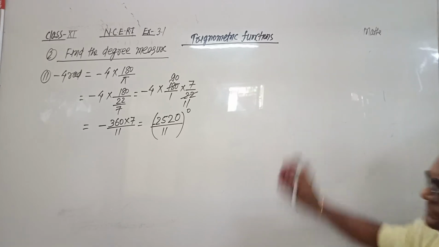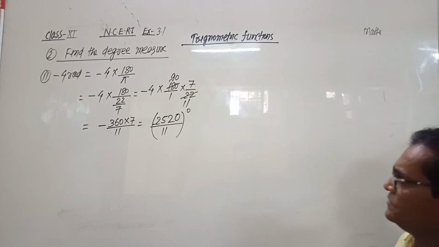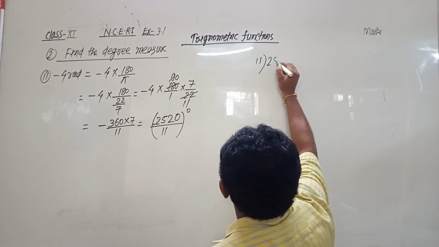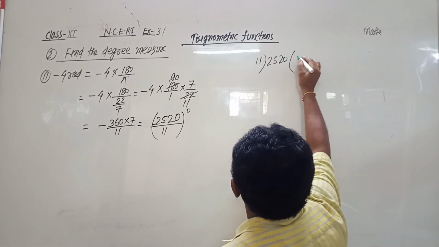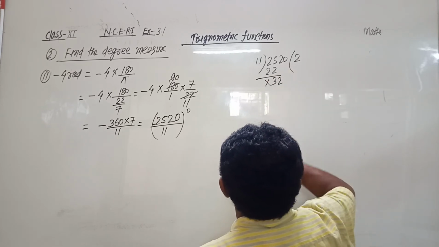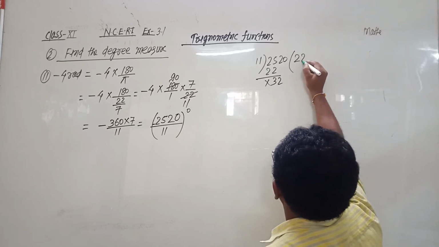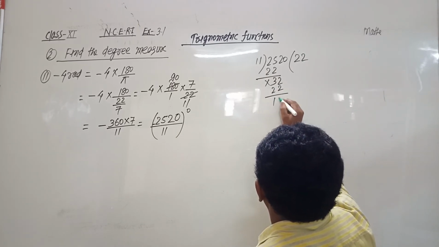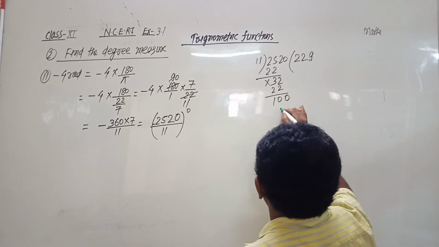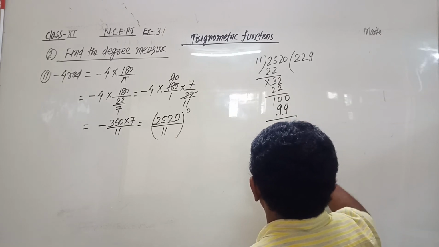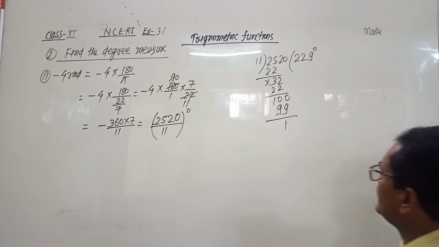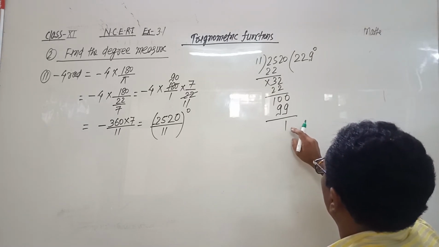So we divide 2520 by 11. 2520, it goes by 2, 11 twos are 22, 3 carry, it comes 2, again 11 into 2, 22, 10, then it comes 0, 11 into 9, 99, and the remainder comes to be 1. So this is the degree value, 229 degree.